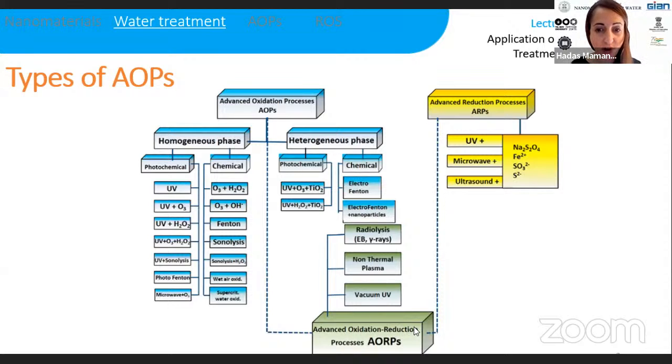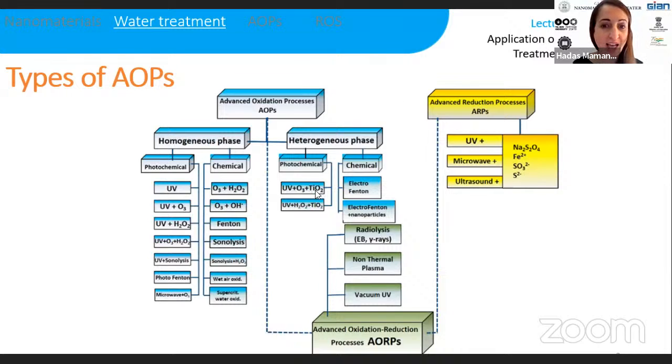All these are called advanced oxidation. Then we also have advanced reduction processes, which are less relevant. If we think where nanotechnology can be combined with AOP, it's only in this stream, the stream of heterogeneous phase and photochemical.